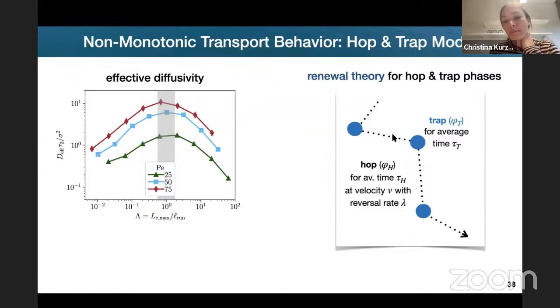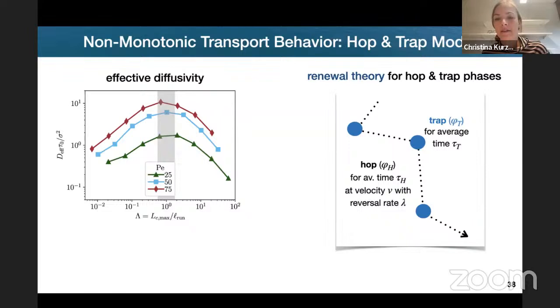During a hop, we assume that the cells hop for an average time at a certain velocity, and they reverse during that time. Once they become trapped, they are trapped also for an average time. These two processes depend on the distributions that I've just shown you. For the trapping events, we use a power law distribution, while for the hopping time it turns out they're exponential.